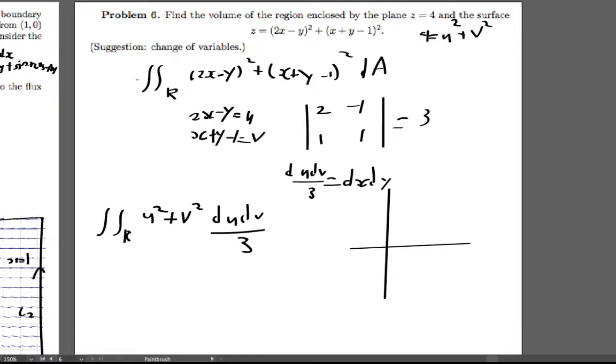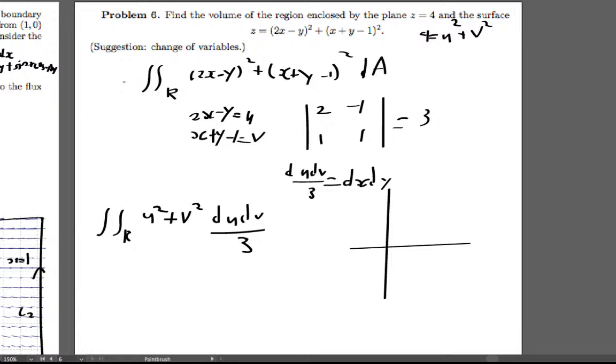So you want to figure out what it is. You figure that u squared plus v squared is something equal to z. And so u squared plus v squared is actually a paraboloid going upwards, its mouth going upwards. So that's something that I discovered.